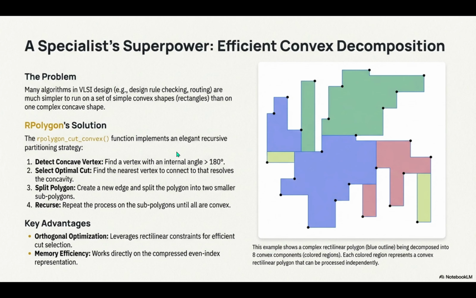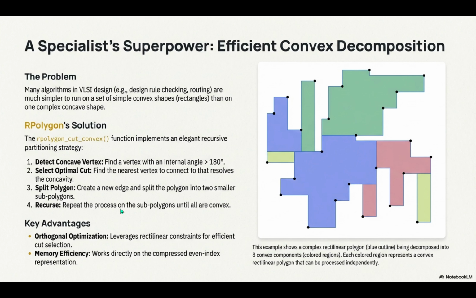Exactly. Distance minimization is often used to make sure the resulting pieces are as large and efficient as possible. Then step 3 is the action. Split the polygon along that new edge, creating two subpolygons. And, crucially, the algorithm then recurses. It repeats the whole process on the new subpolygons until every single resulting component is convex.